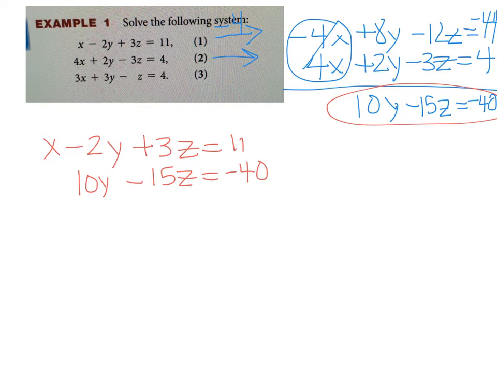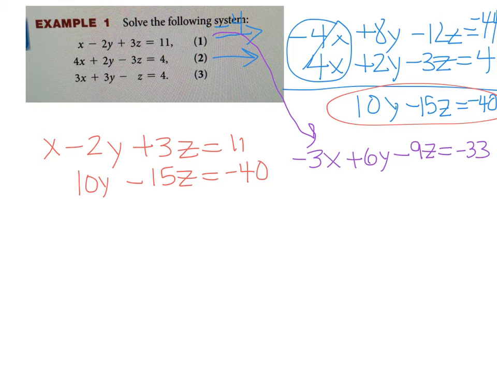So now I'm going to take row 1, and I'm going to times row 1 by a negative 3, which will give me negative 3x plus 6y minus 9z equals negative 33.